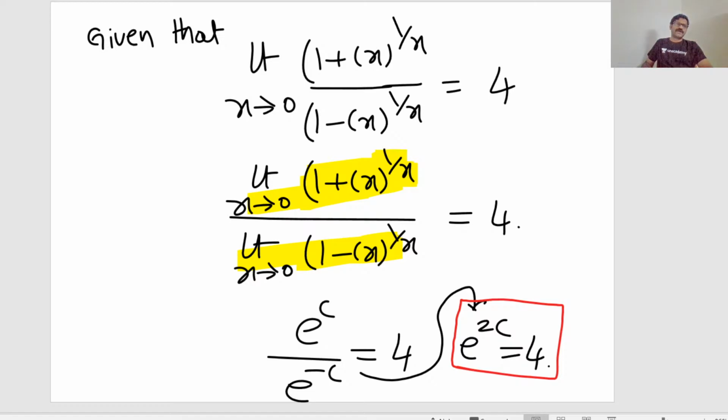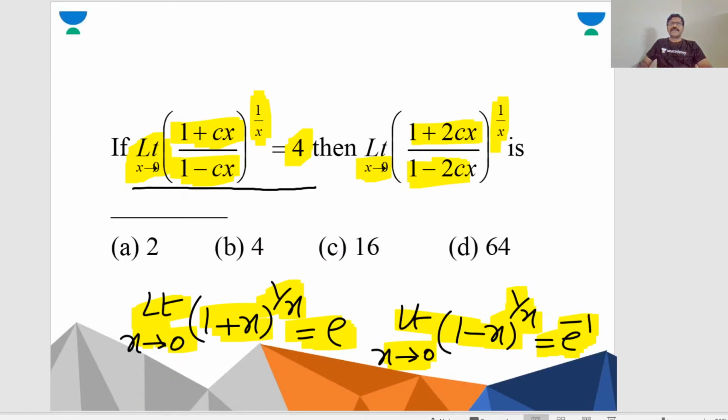Now we have to find out limit x tends to 0, (1 plus 2cx) by (1 minus 2cx) power 1 by x.